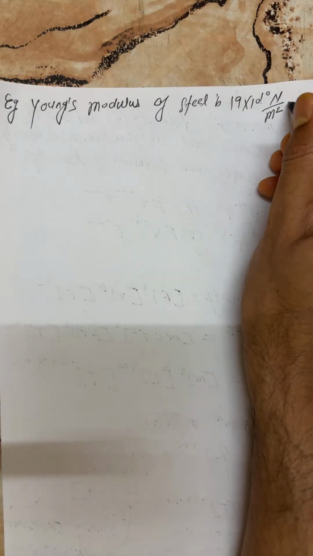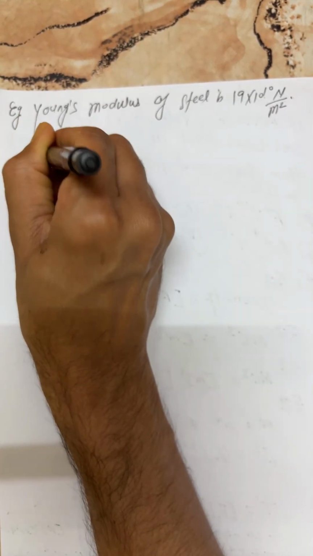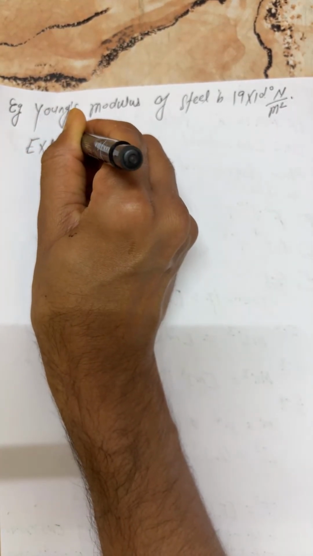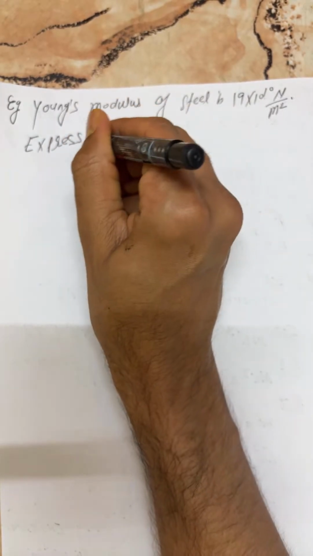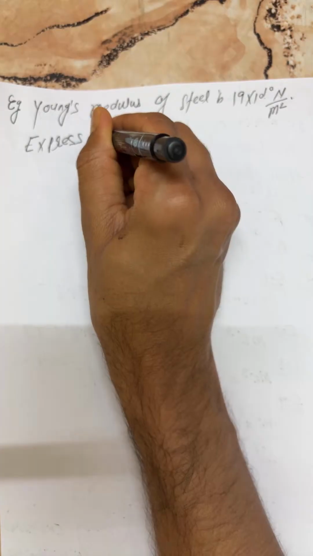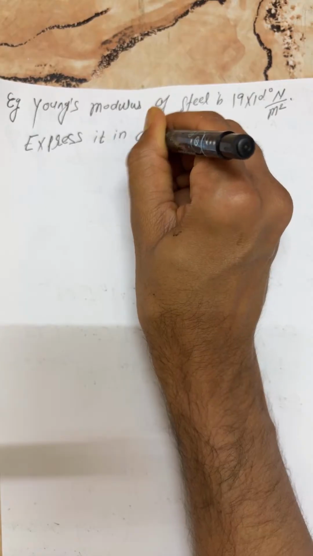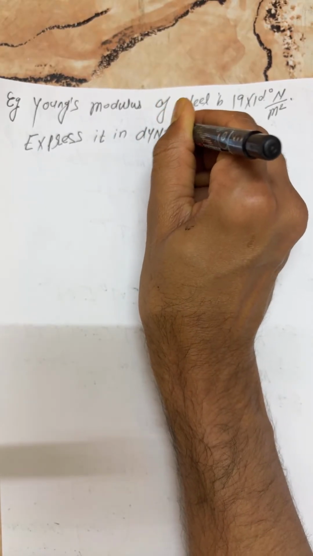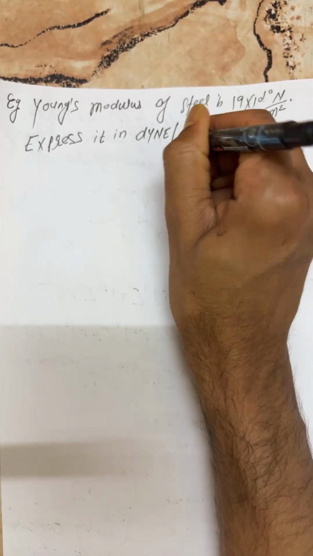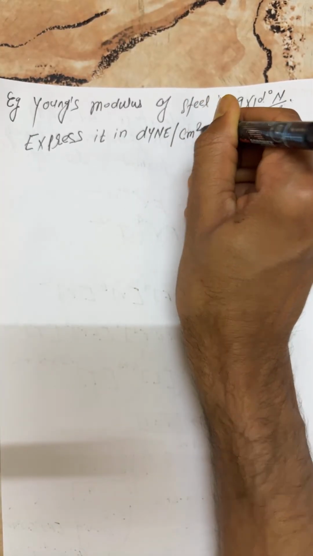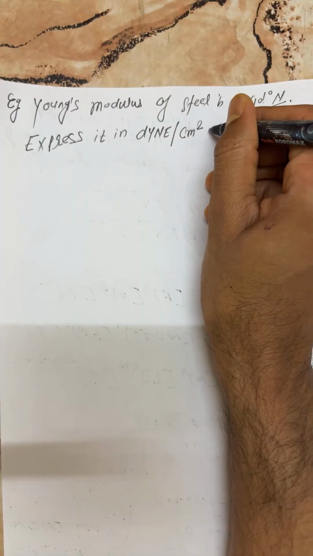Express it in dyne per centimeter square. Here we have to express it simply as 19 into 10 to the power 11 dyne per centimeter square, but I will go through the logic.